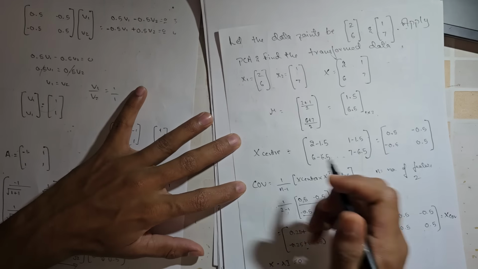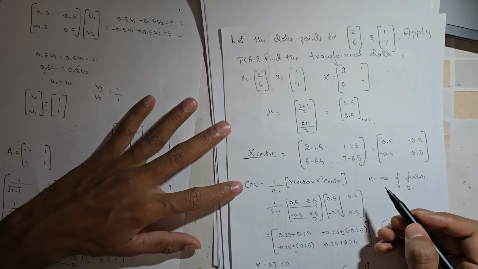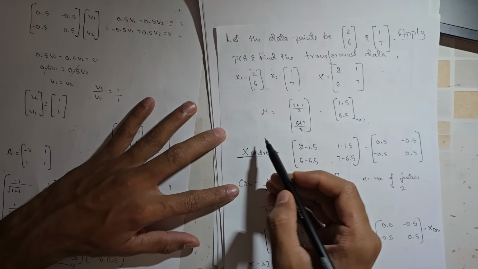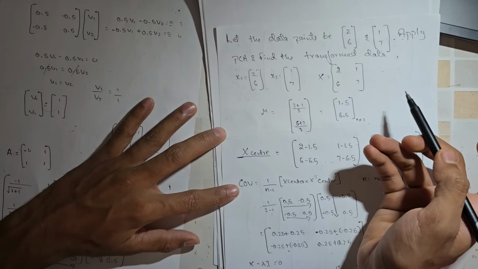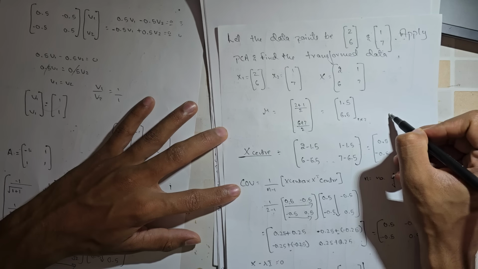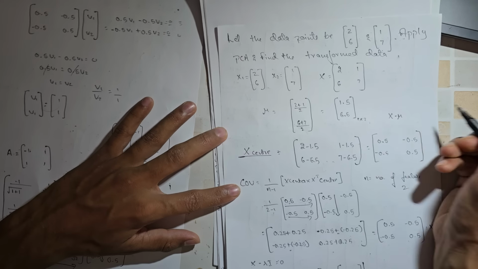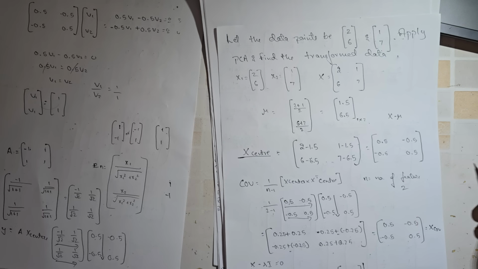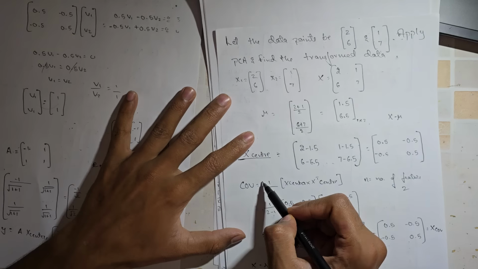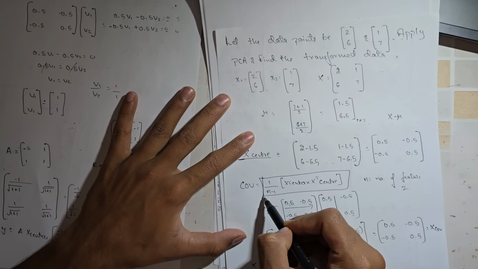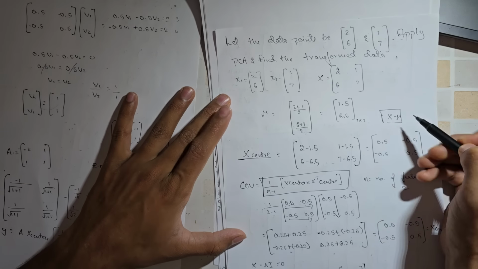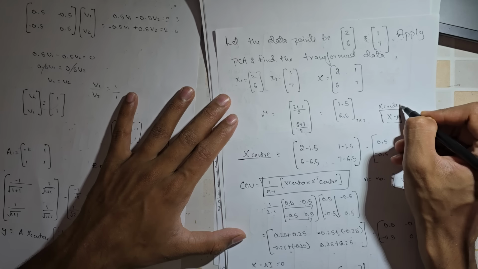You understood, right? So remember, you have to take X center. The formula is nothing but X minus mu, capital X minus mu, the mean. Then the covariance formula is here. Then this for X center.